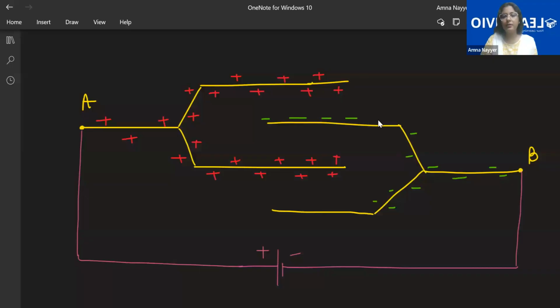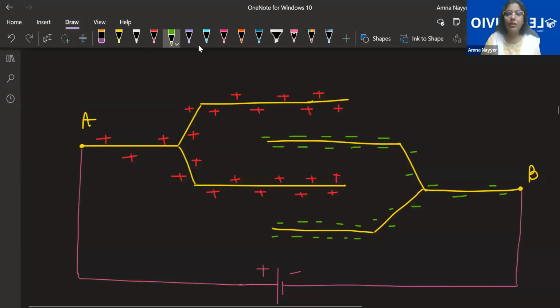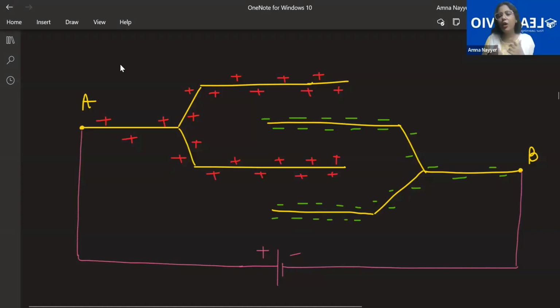The entire plate becomes negatively charged. Now what you do, you just have to identify the number of capacitors. Okay, class, again I'm saying this is just a single case. If you get this, this is the only method to solve it. This is just for that purpose. This is the positively charged side, this is the negatively charged side.